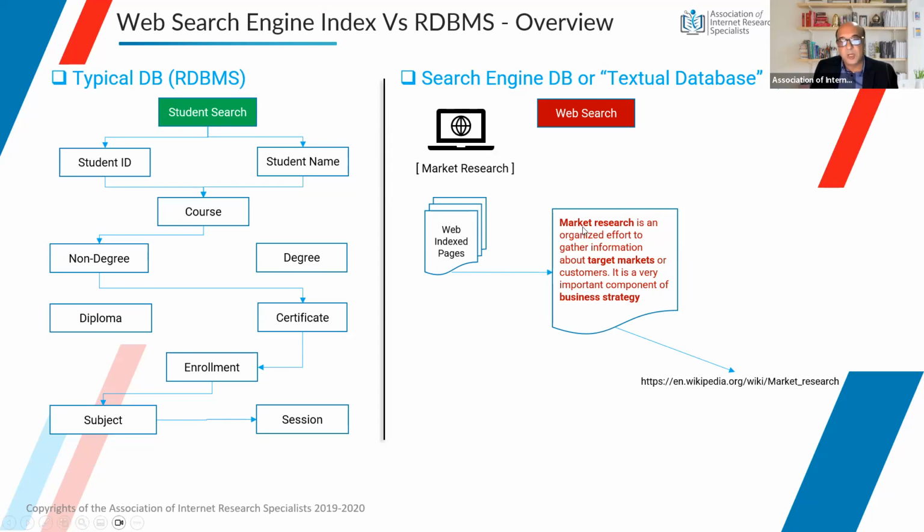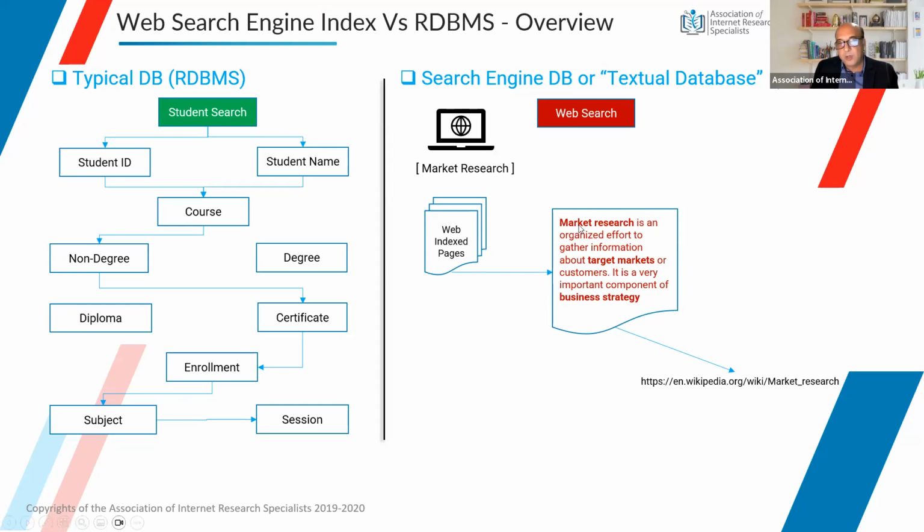But because you've searched market and research together, assuming market is the first word, which is followed by the word research, the search engine would have a sense to understand, or would think of it as two words together. So it is going to look for anything that has these two words in those documents to deliver that page back to you.